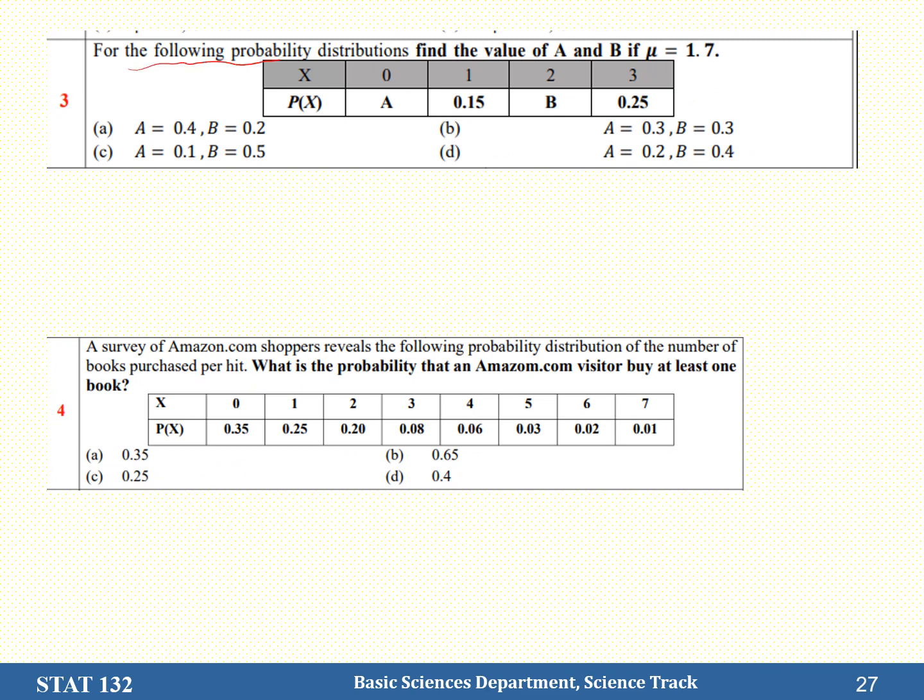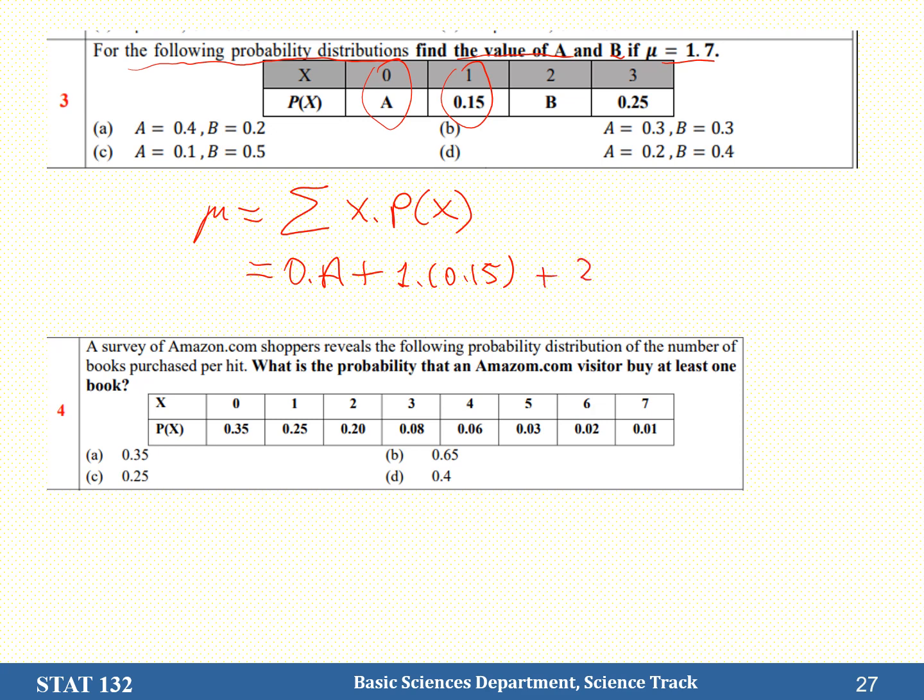3. For the following probability distribution, find the value of A and B if mu is equal to 1.7. Now, if you remember, mu is the sum of the products of the values of x and its probability. So it means 0 times A plus 1 times 0.15, sorry, 2 times B plus 3 times 0.25 is equal to 1.7.